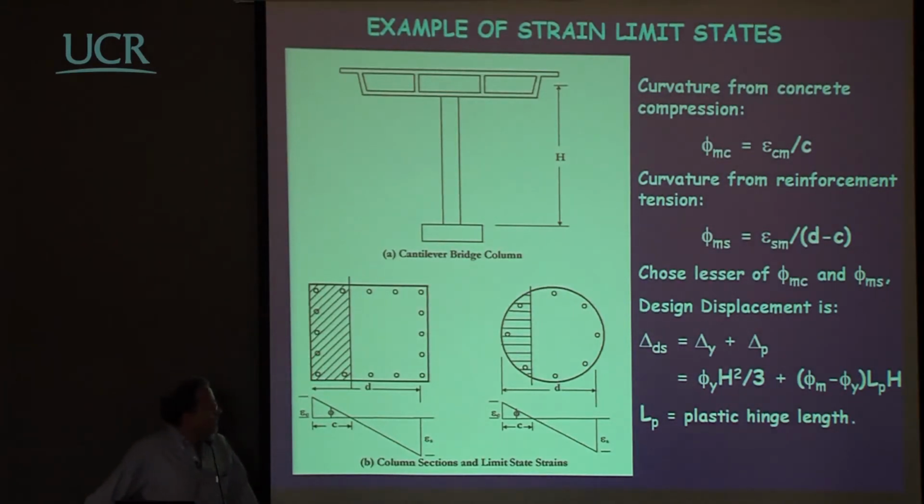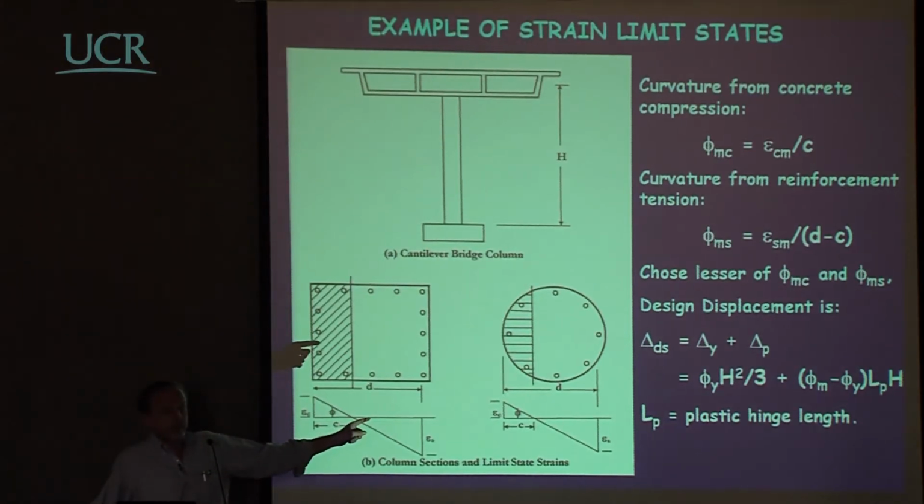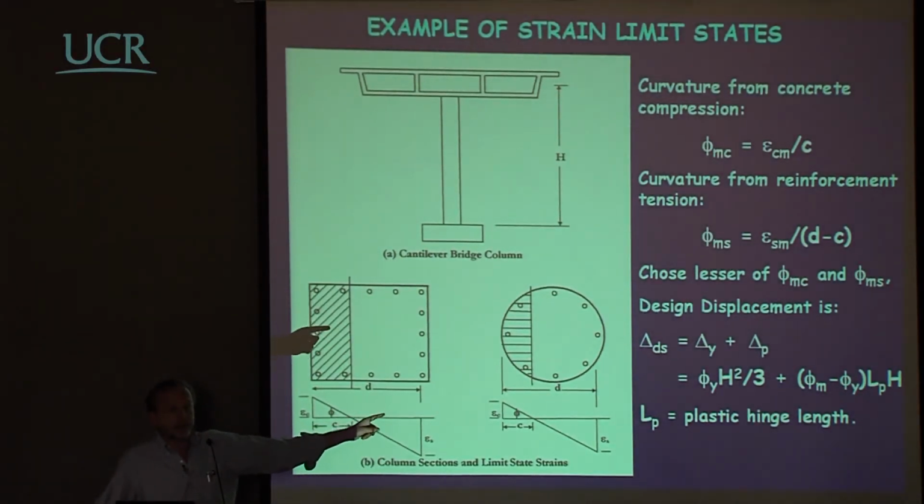What is written there is that the total displacement at the top of the column will be the sum of the yield displacement plus the plastic displacement, and the yield displacement could be assumed as the yield curvature multiplied by the height squared and divided by 3. And that is simply the integral that I was describing.